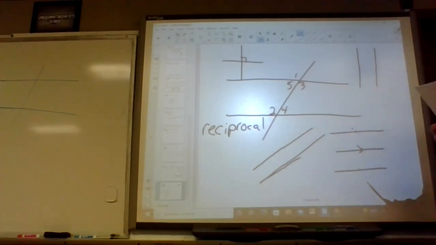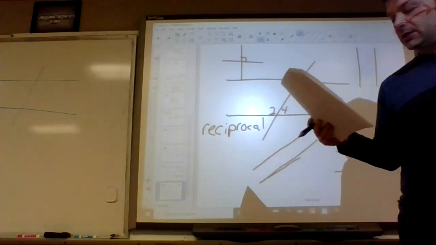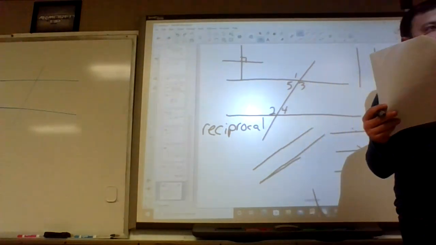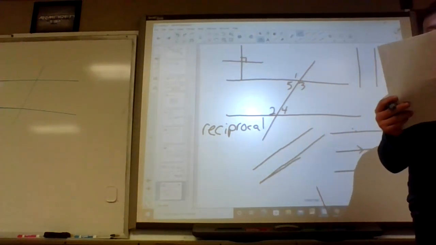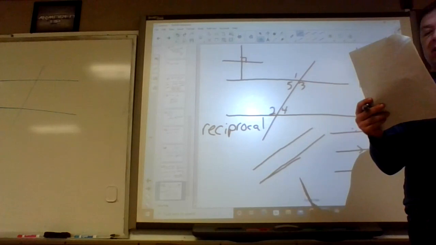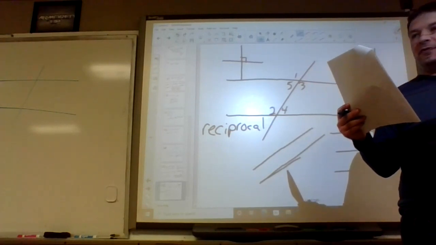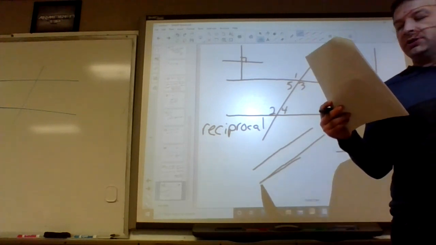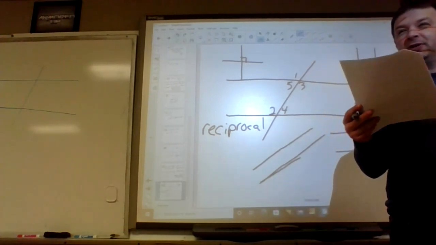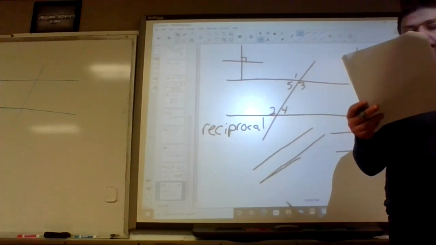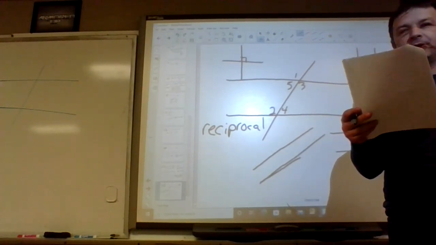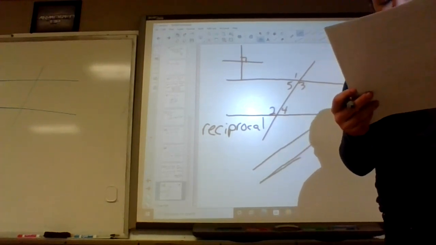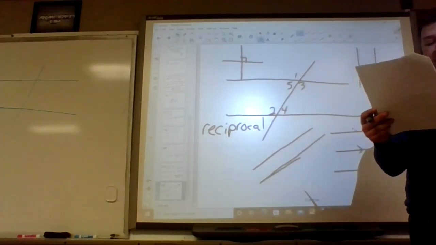You just write alternate exterior, that's good enough. Trevor, what's angle 4 and 5 called? Alternate interior. I really like number 20 for a question on the test. Maybe not 20, but a 20's cousin might show up on the test.